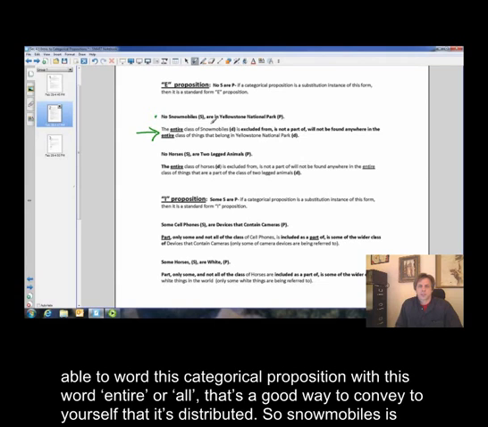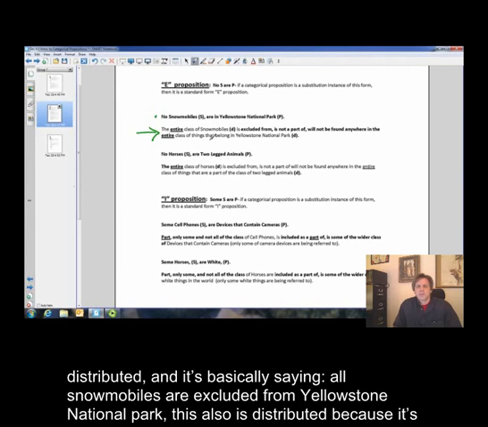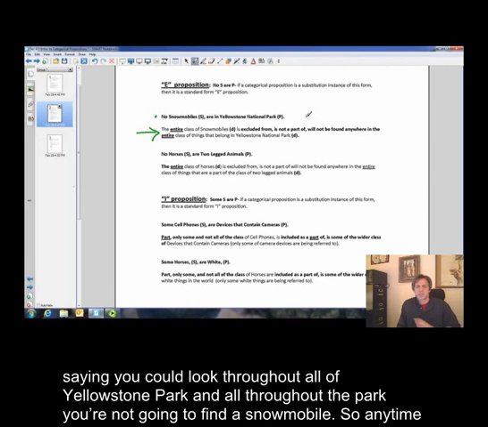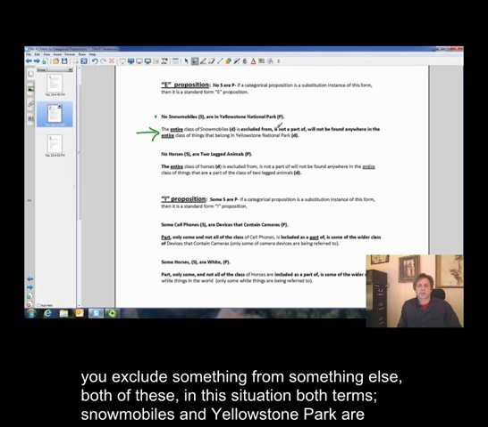Yellowstone Park is also distributed because you can look throughout all of the park and you're not going to find a snowmobile. So anytime you exclude something from something else, both terms, snowmobiles and Yellowstone Park, are distributed.